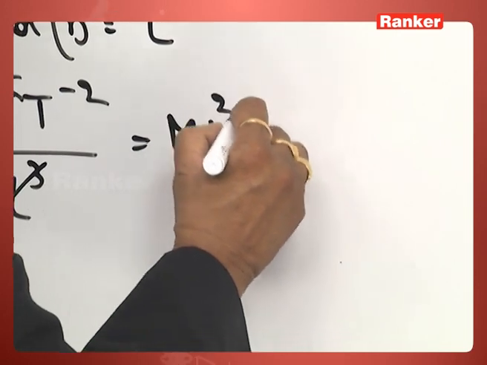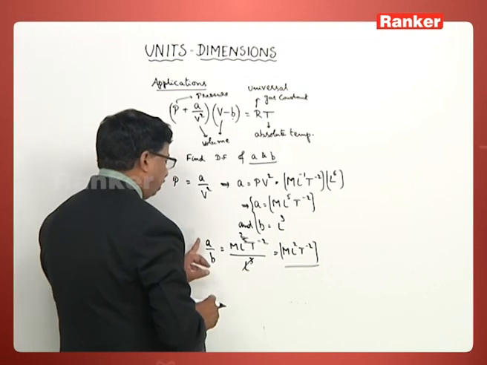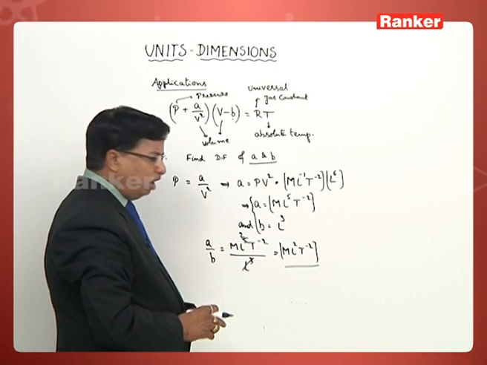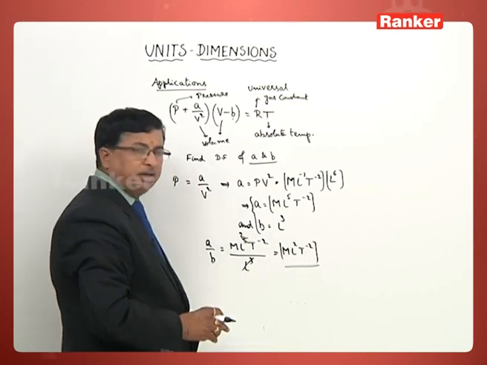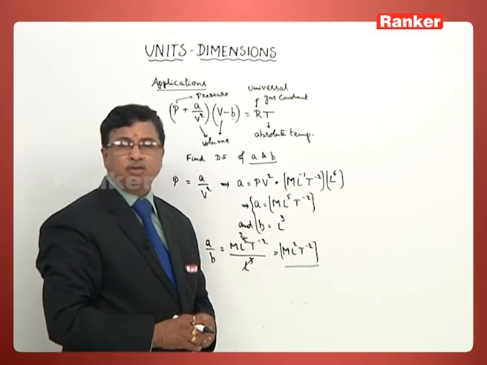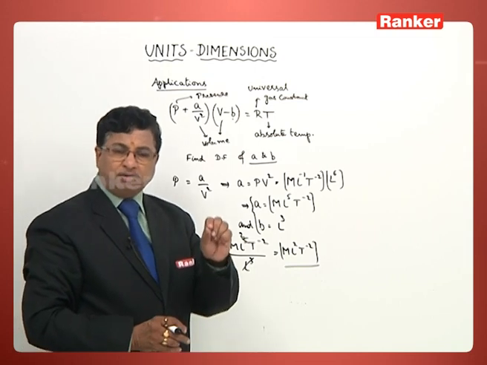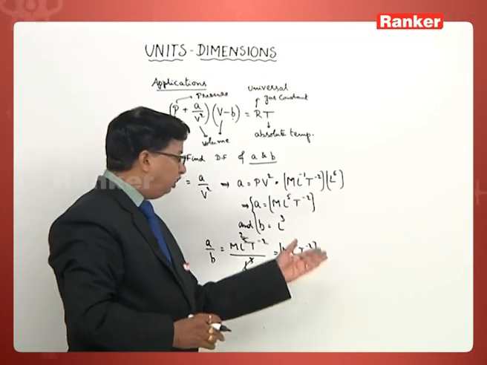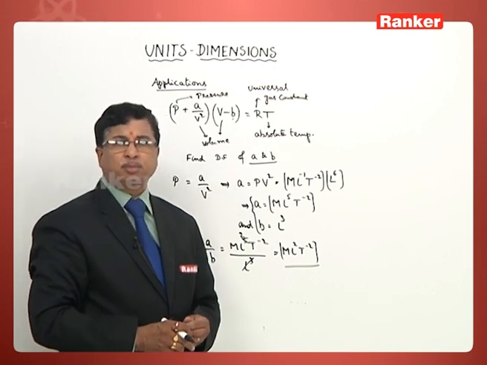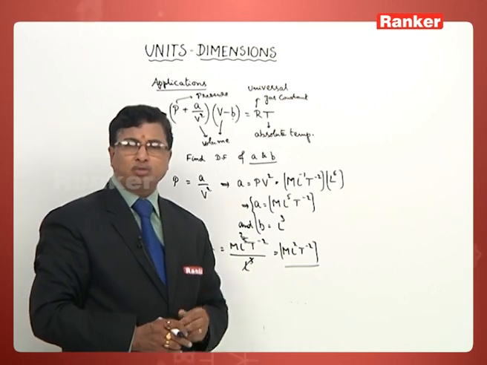M L square T power minus 2, that is the dimensional formula we get after dividing A by B. Every one of us can understand that M L square T power minus 2 is the dimensional formula for work done, or you can even call it energy. Whether work done or energy is given in the options, whichever they give, you can adopt one of the two.